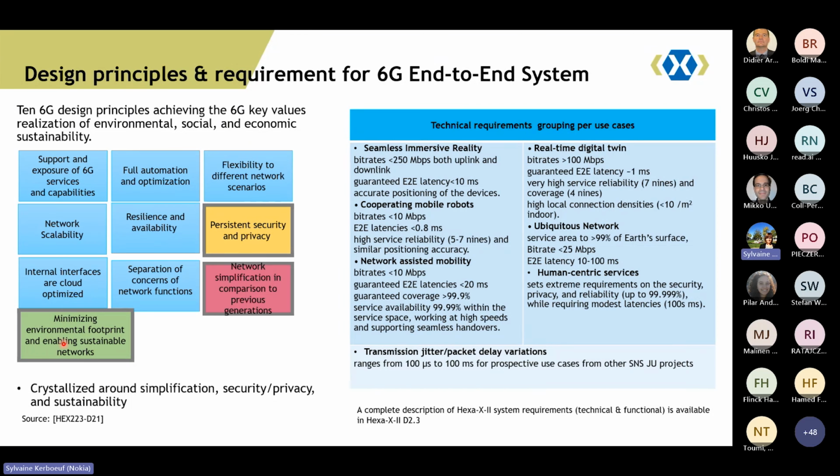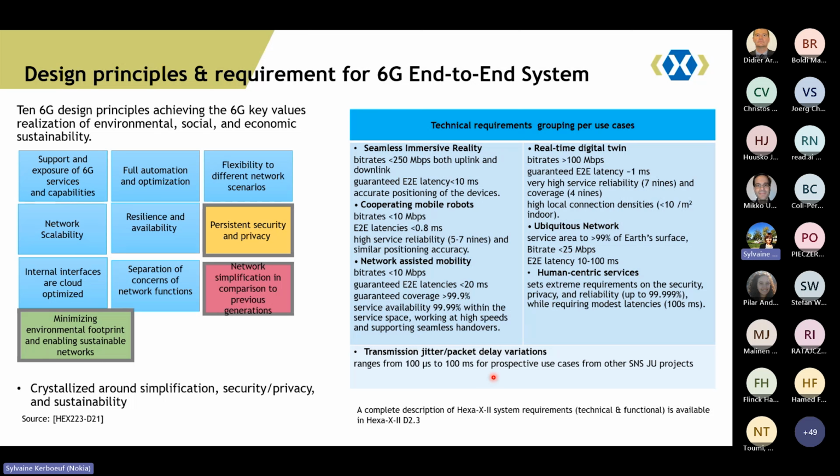sustainability impact. We also have defined some technical system requirements coming from the study of the 6 families of use cases considered in Hexa-X-II. Of course, not all requirements are expected to be fulfilled at the same time or within the same network deployment.